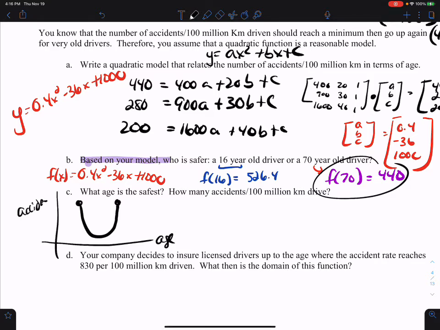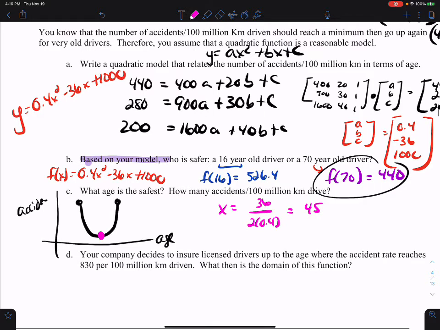So if I want the safest, I would want the least number of accidents. In other words, we're looking for the vertex. And if we have standard form, we know the vertex is always the opposite of b divided by 2 times a. And when you plug that in, we get the number 45. So that's the age at which it happens, 45 years. That's the safest age.